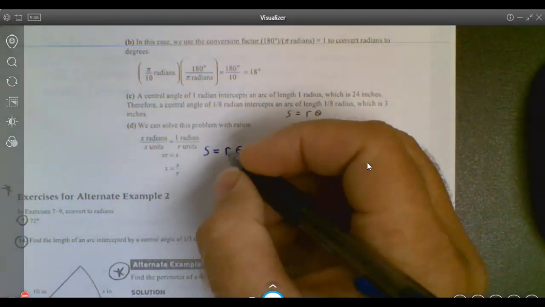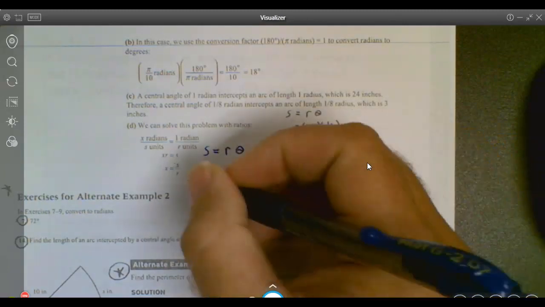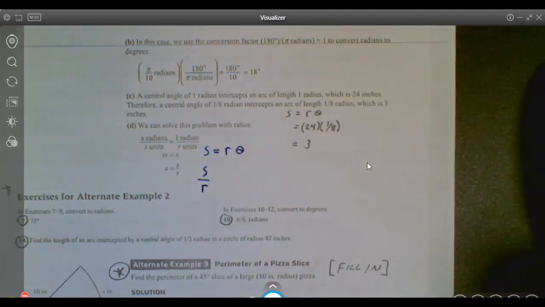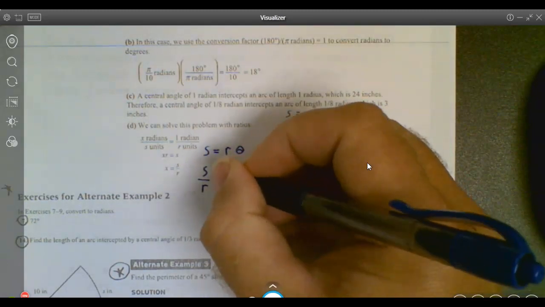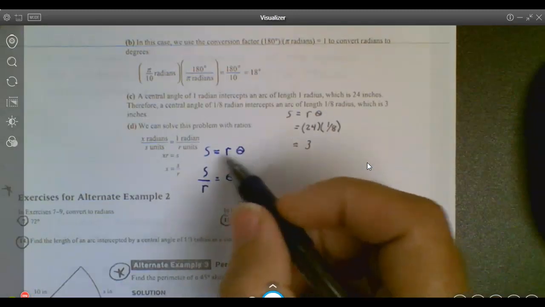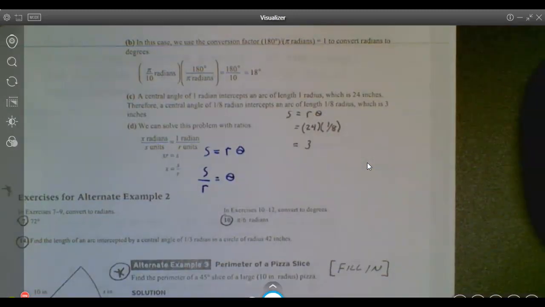Well, if you take your arc length and divide it by the radius of the circle, that would give you the measure of your central angle in radians, of course. Right? And so there's a relationship here that we're going to see a ton as we get more and more into the trig stuff and unit circle and all that good stuff.